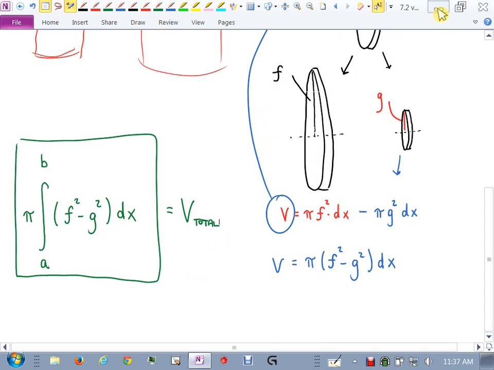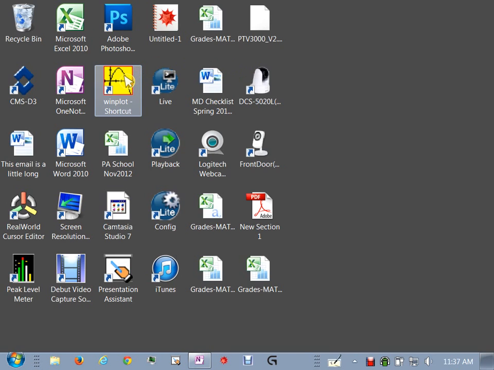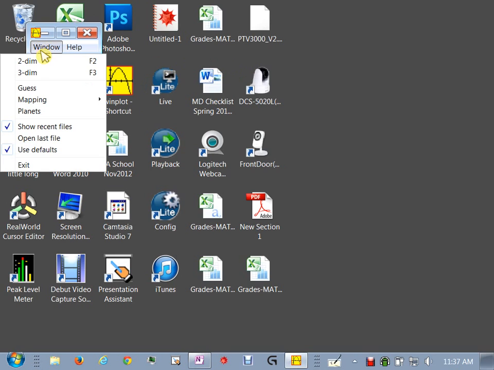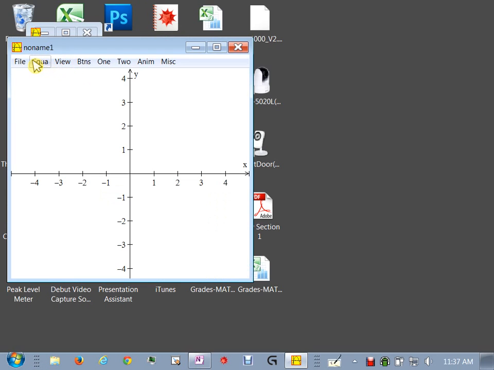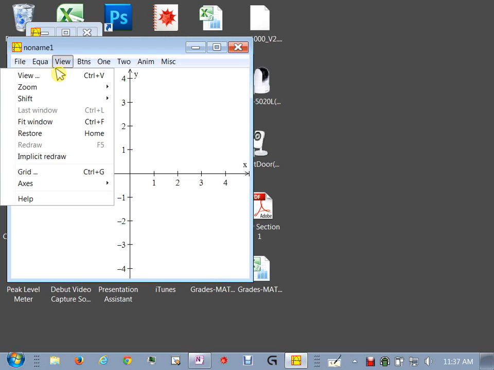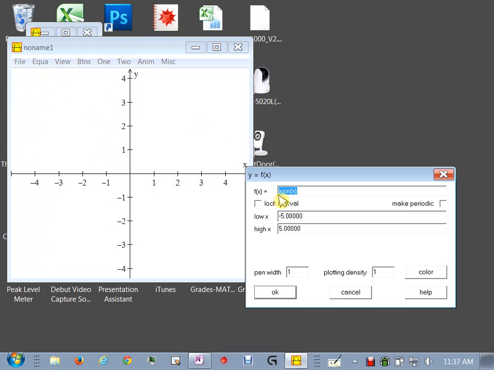I want to look real quick. I have this plot. I'm going to go to two-dimensional. I don't remember if this is going to work. I haven't done this in so long. Let me try x squared. Let me just go from 0 to 2. Lock the interval.